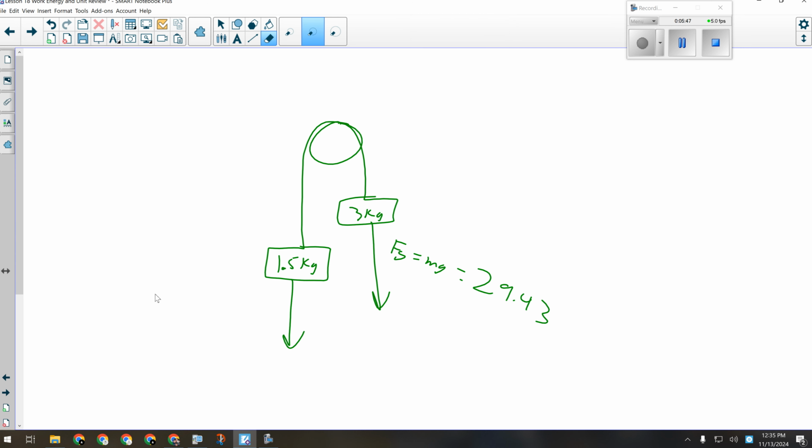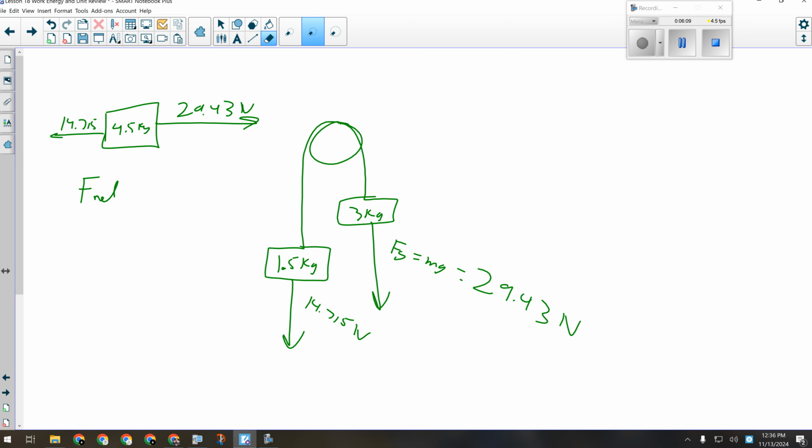So 14.715 newtons. At this point, I simplify that diagram and I say that there is 4.5 kilograms worth of mass being pulled this direction by 29.43 newtons, resisted this direction by 14.715 newtons. I calculate my net force, 29 minus 14, with all the decimals obviously.